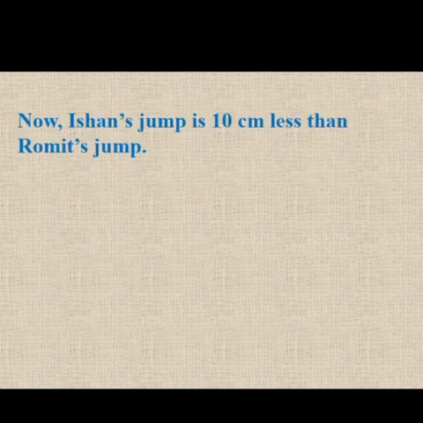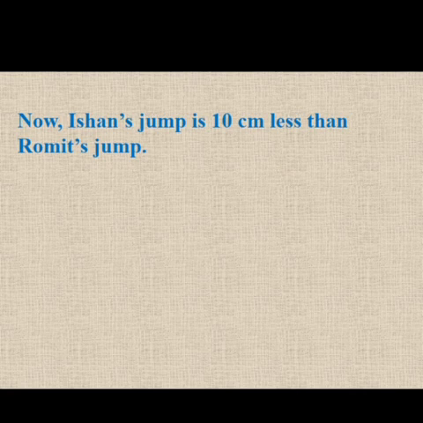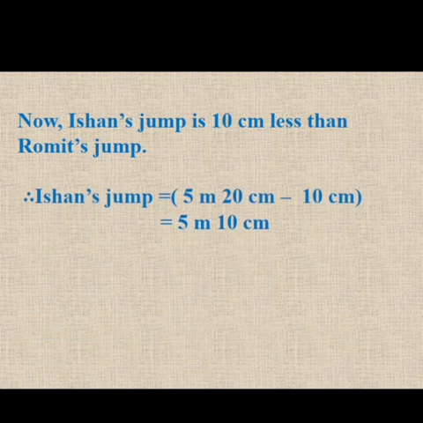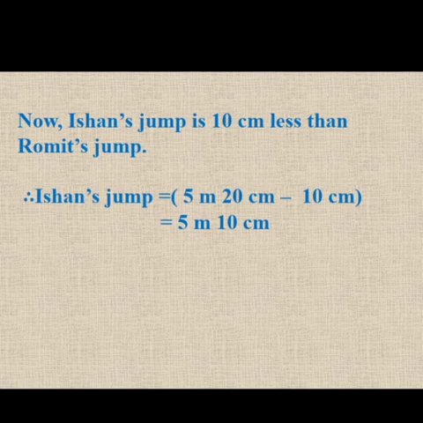Now come to the next part of the word problem. Ishan's jump is 10 centimeter less than Romit's jump. So Ishan's jump is equal to 5 meter 20 centimeter minus 10 centimeter. As you know that Romit's jump is 5 meter 20 centimeter and Ishan's jump is just 10 centimeter less than Romit's jump.